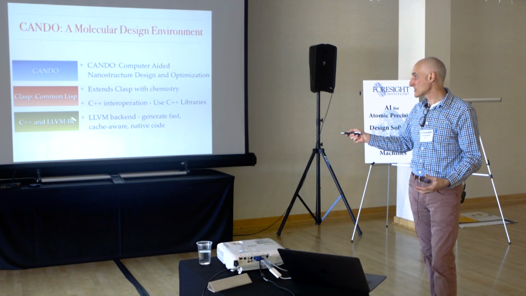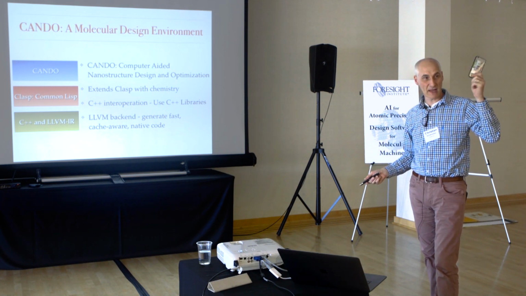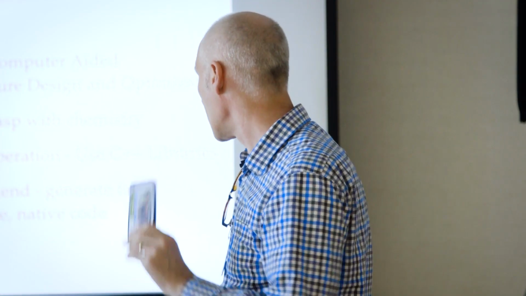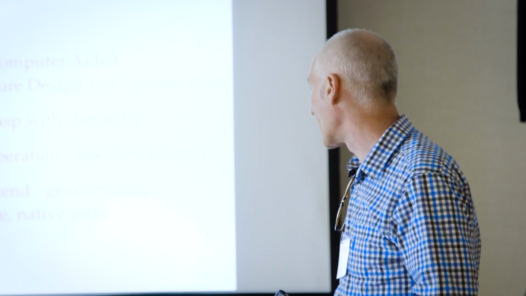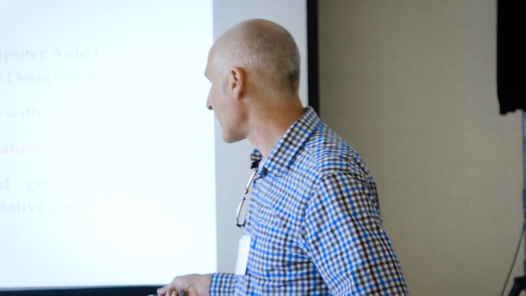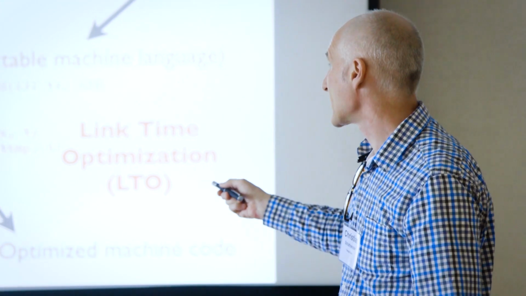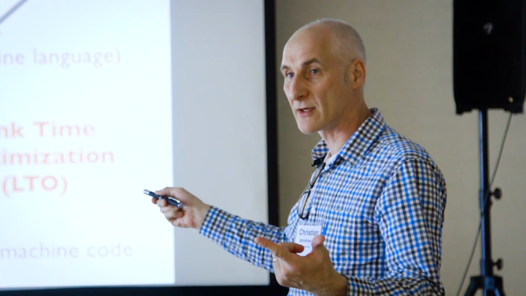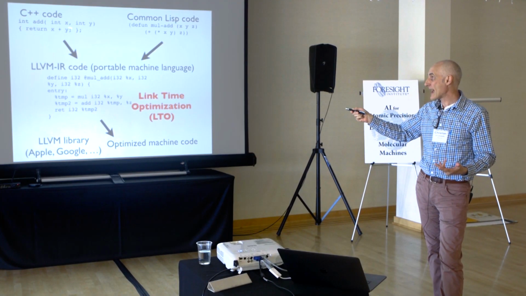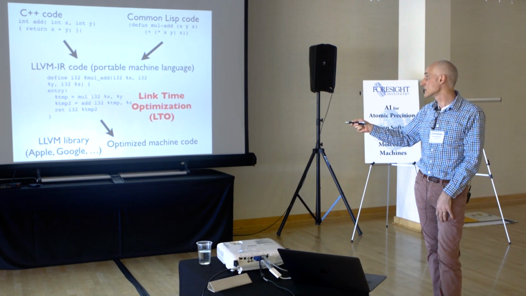And it is all based on C++ and LLVM, the library that makes iPhones, and everything that's on a Mac is compiled with the LLVM library. So CANDO and CLASP generate LLVM code, and that allows this. You can basically take C++ or C or Fortran code, compile that code into this intermediate representation that LLVM uses.